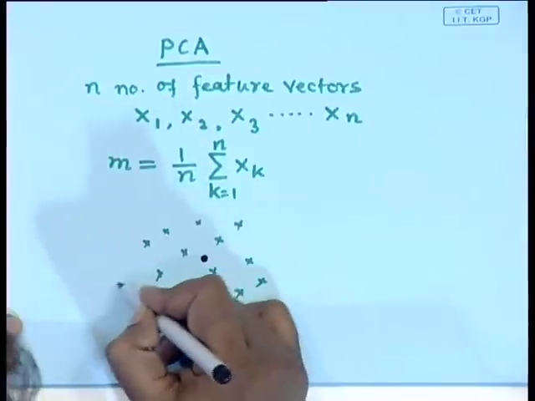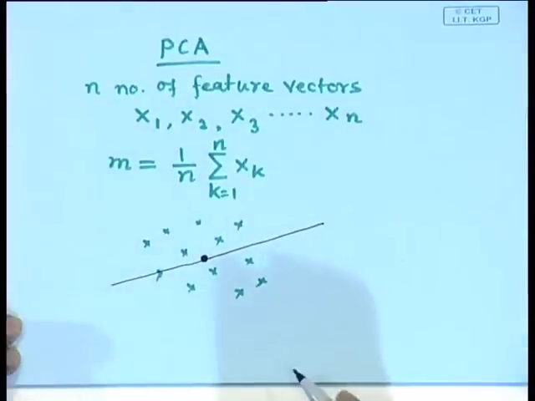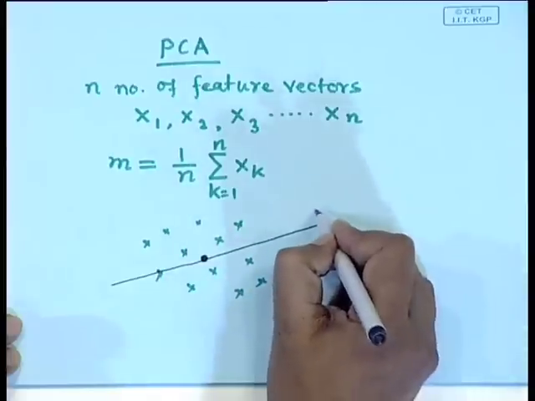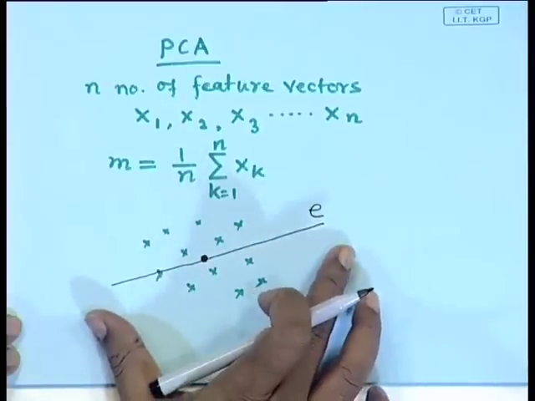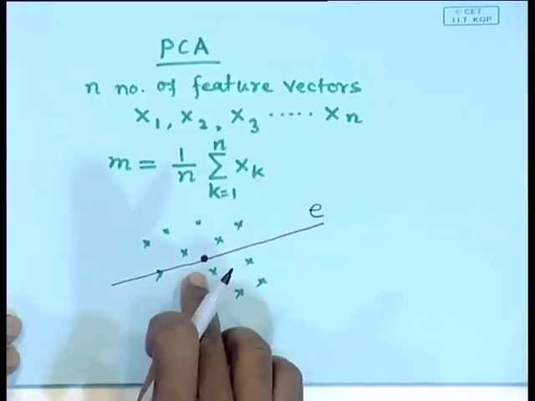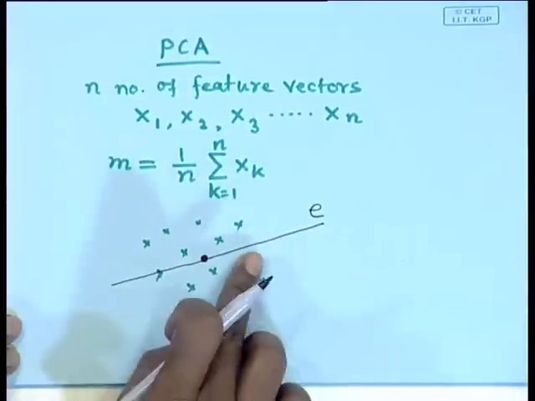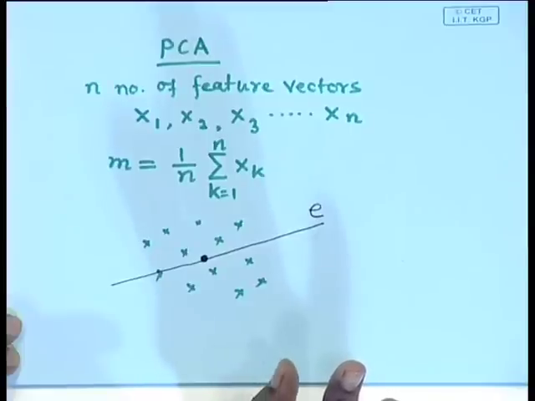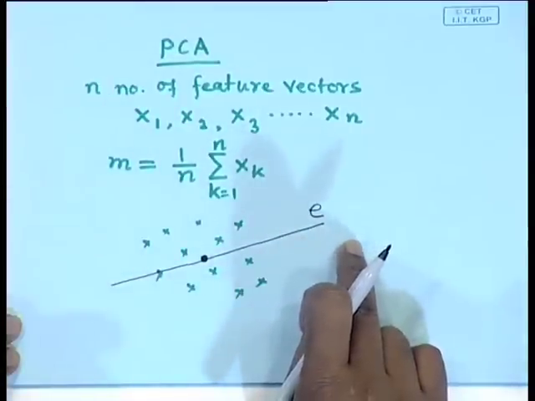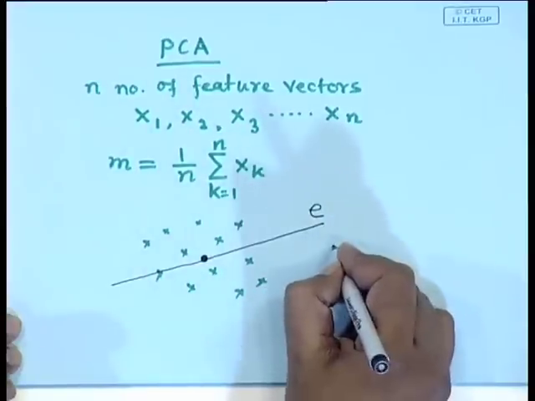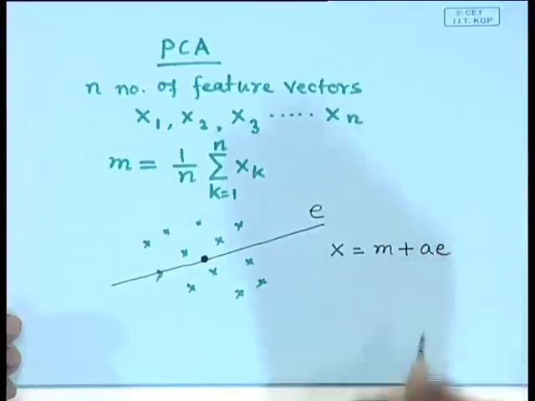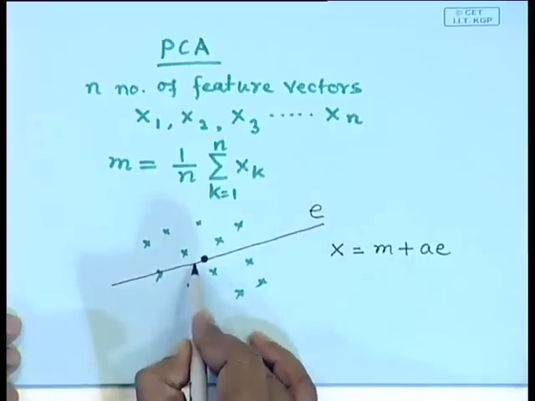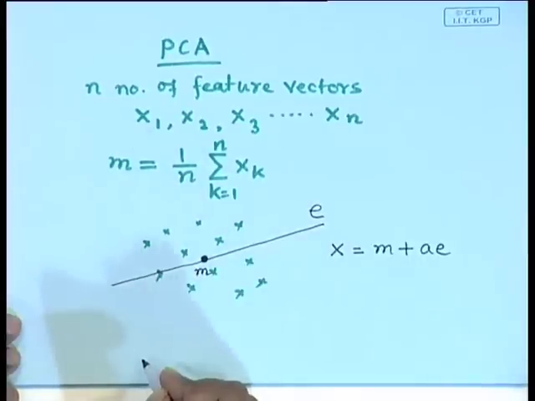So, let us take a line passing through the mean of these feature vectors, and assume that a unit vector in the direction of this line is E. So, within the space x, I have a line passing through the mean of the given sample feature vectors, and its direction is E. The equation of this line will be x equal to m plus a e, because it passes through m, the mean of the given feature vectors.